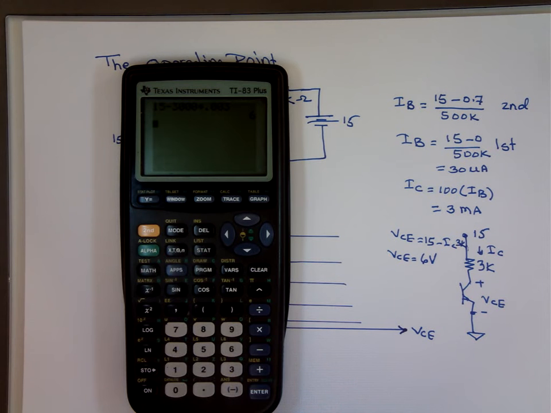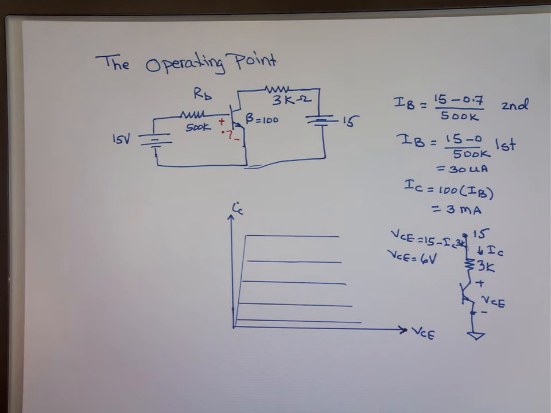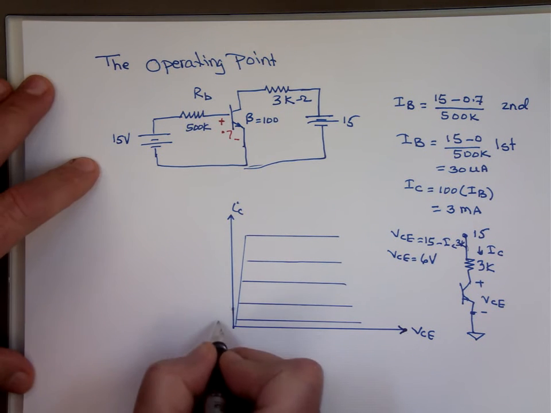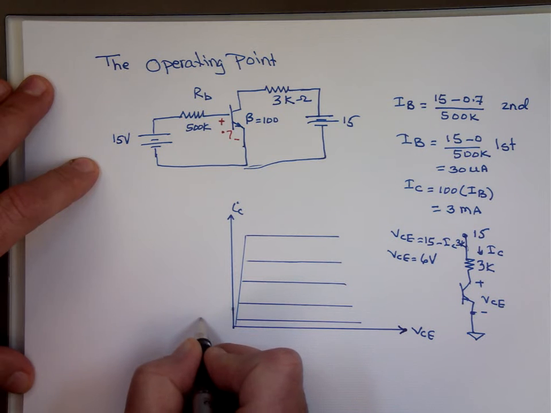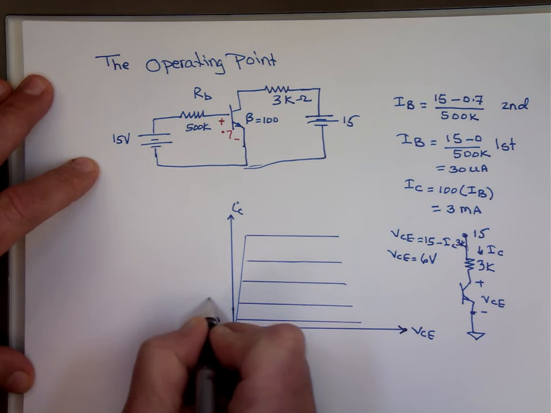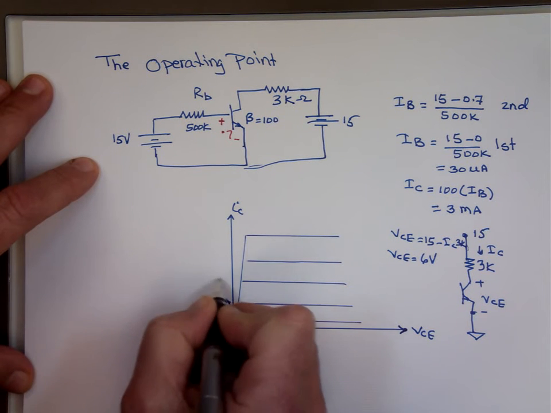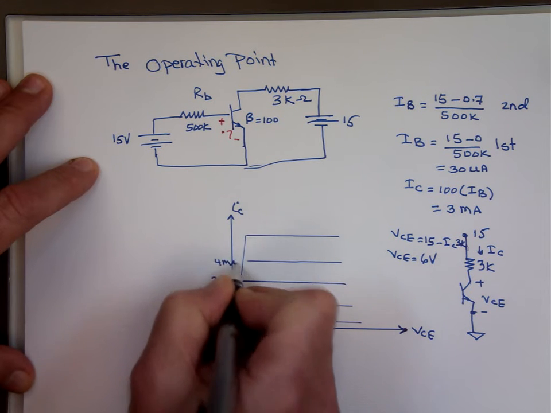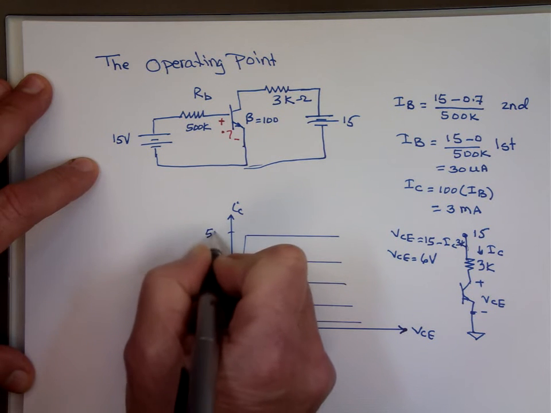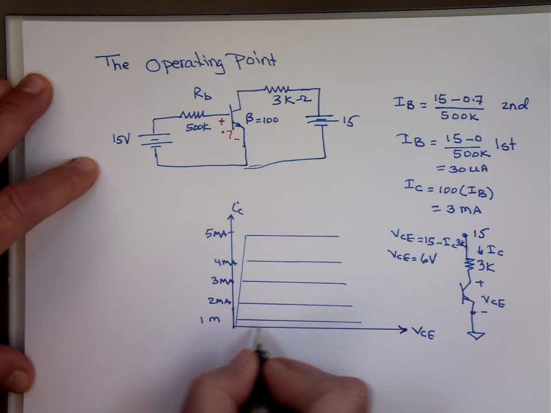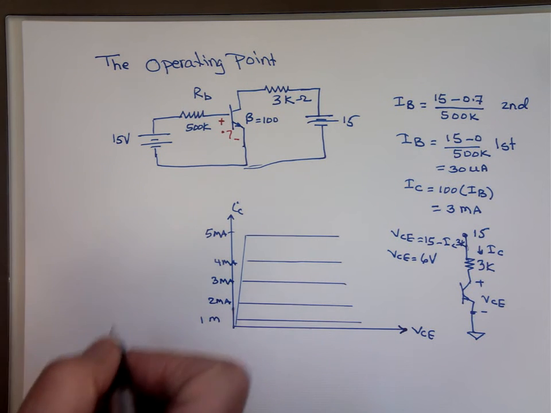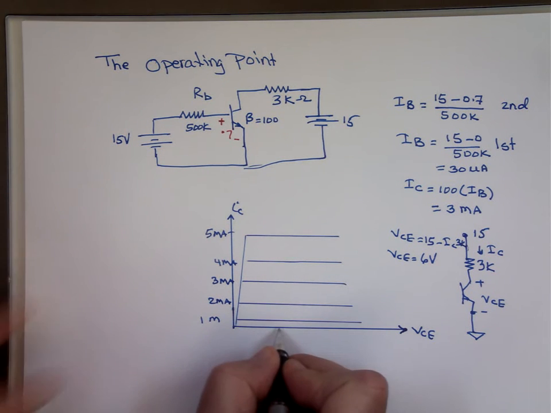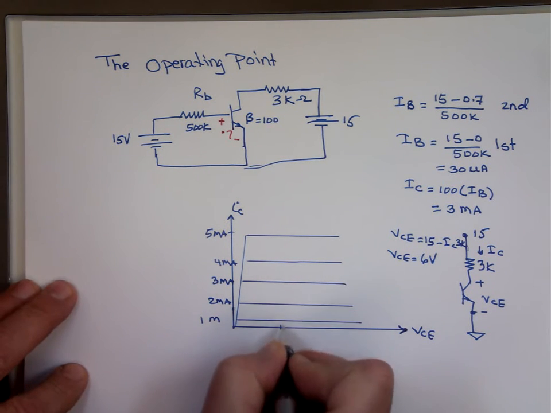So right now, if you're looking at this transistor, if this is 1 milliamp for I sub C, 2 milliamp, 3 milliamp, 4 milliamp, 5 milliamps, and we'll put some voltages down here, like 6 somewhere here, we're working at this point.